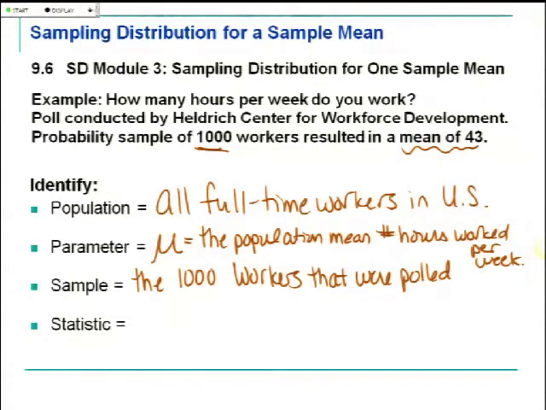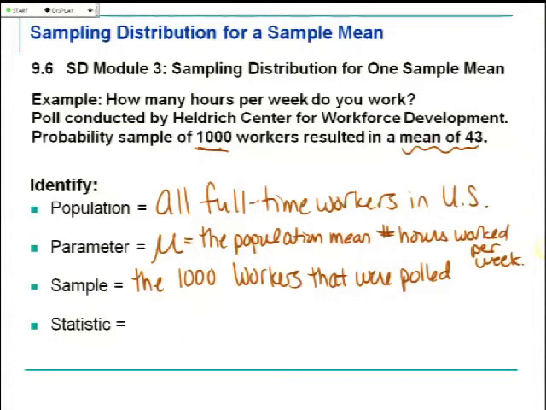Just like Thursday night, if there is a P that you have to define, because you're testing a theory about that proportion, you're going to call P what? You're going to say it is the population proportion. Make sure you identify it's not just the proportion, because we have P hats versus P. Identify it's the population proportion of successes for all people who receive a certain treatment or whatever it might be.